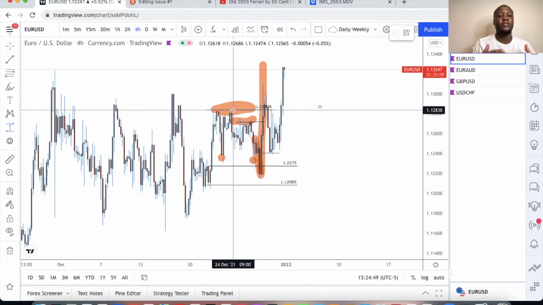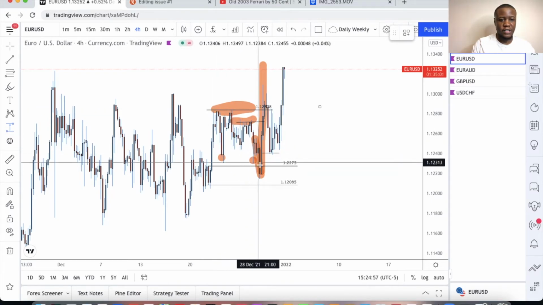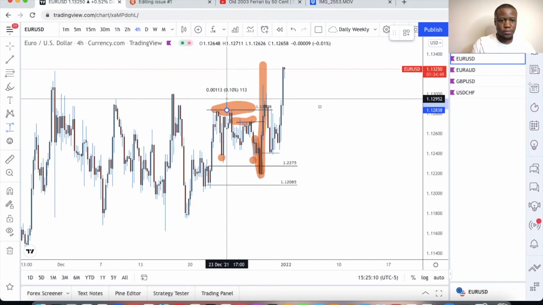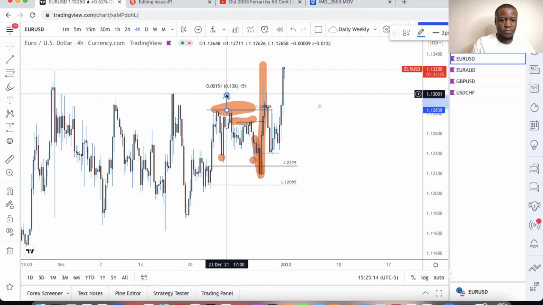So what I like to do is more than one trade at one time. So once this hits, I'll enter like 2 trades or 3 trades, depending how I feel about the trade. And like I said, you could go about 10 to 15 pips above the high.